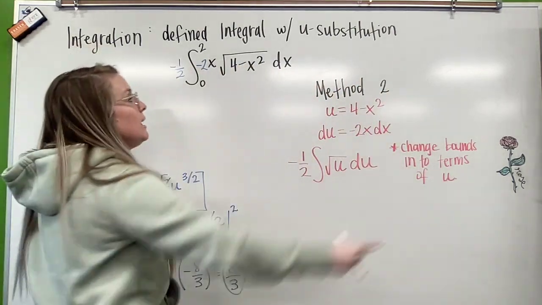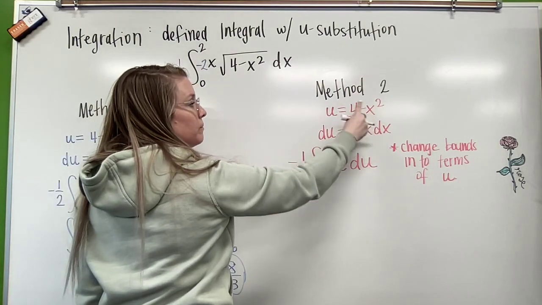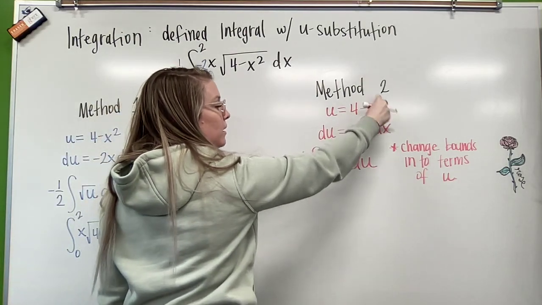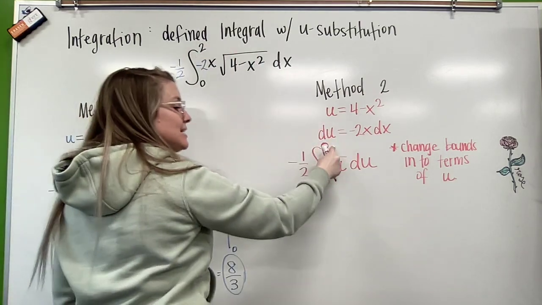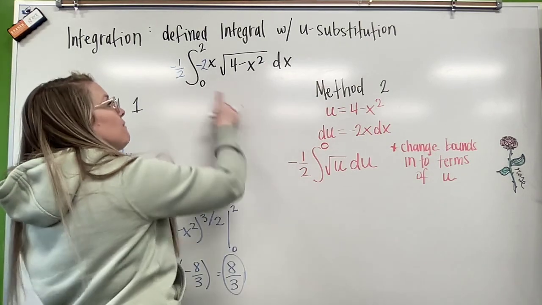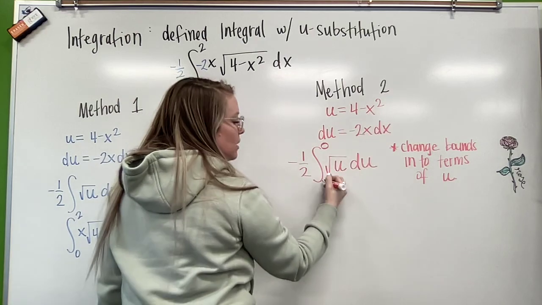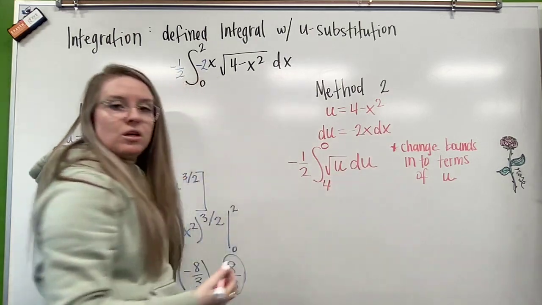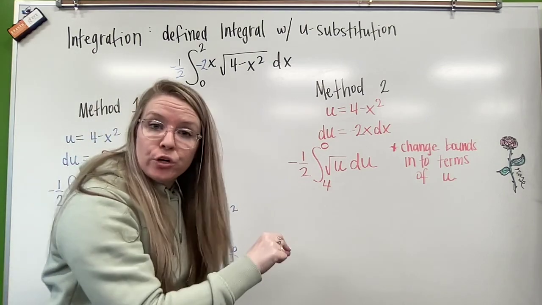For example, if I take 2 and plug it into u, 4 minus 2 squared is 0. So 2 is now 0 in terms of u. If I plug in 0, 4 minus 0 squared is 4. So now my bounds are in terms of u.